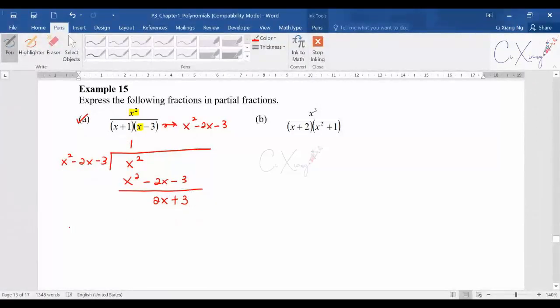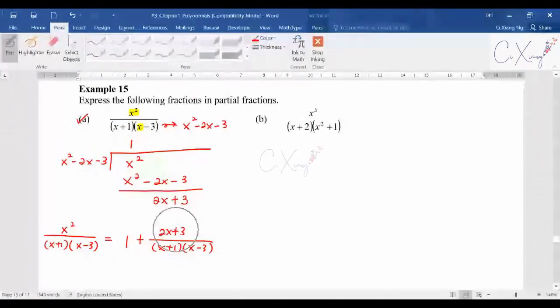Okay, so first, you can write it out like this: x squared over x plus 1 and x minus 3 is 1, then plus 2x plus 3 over x plus 1 and x minus 3. So you know that this is the quotient and this is the remainder.